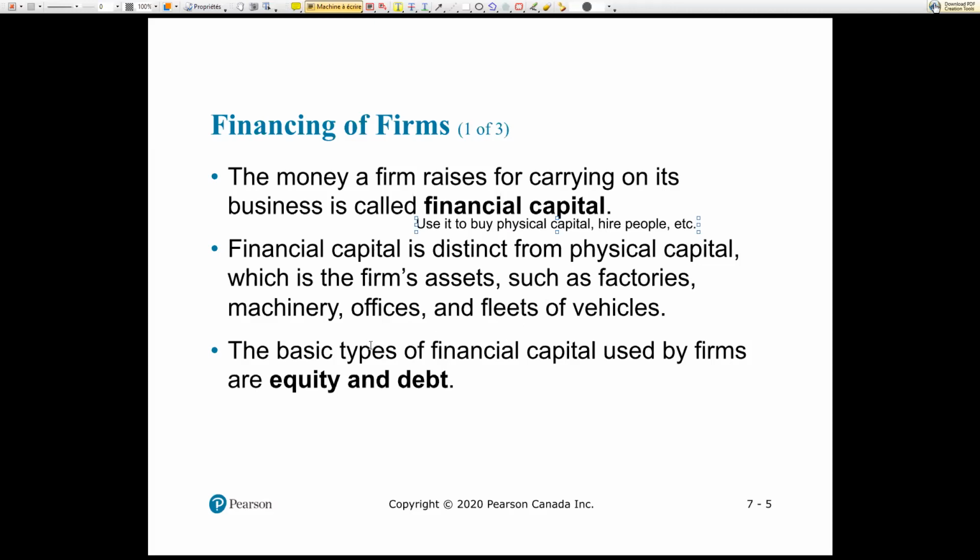So the basic types of financial capital are equity and debt. Debt is borrowing money at the bank, and equity is selling shares on the stock market.